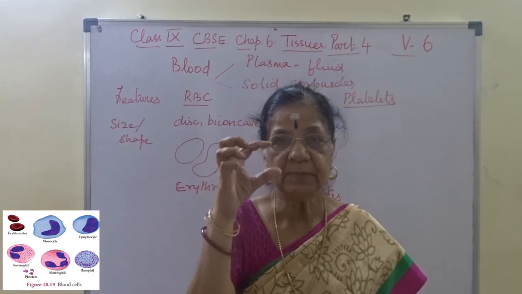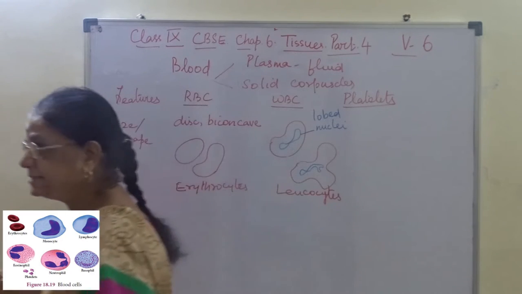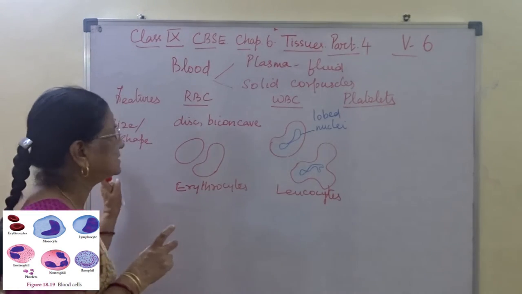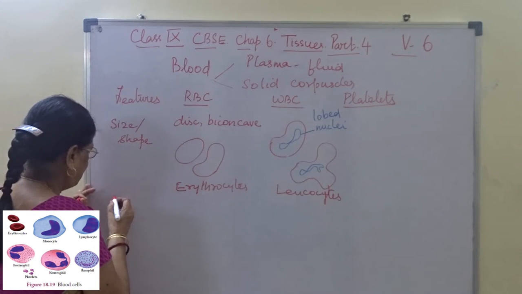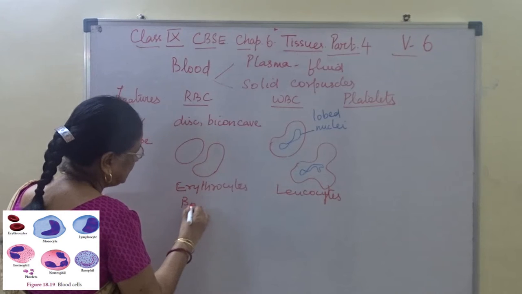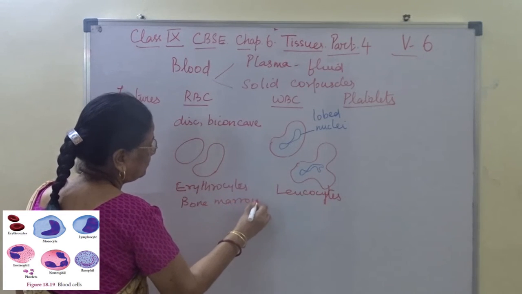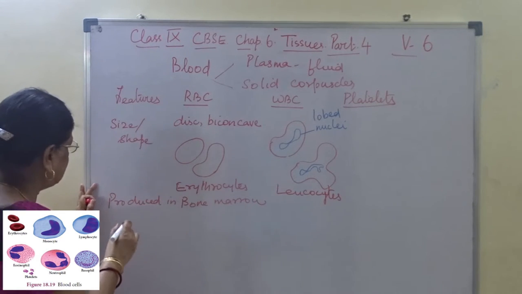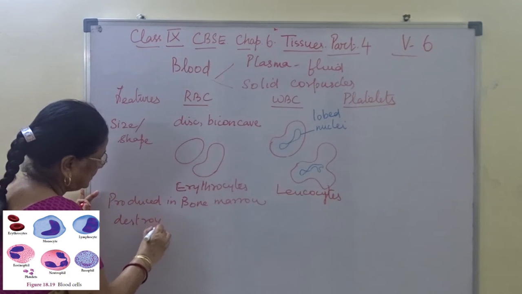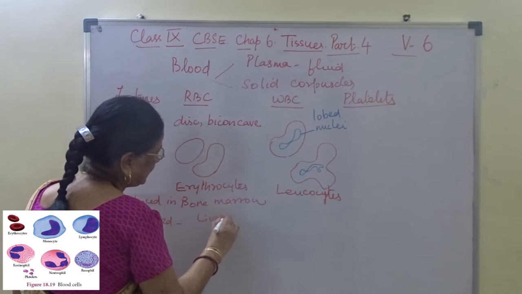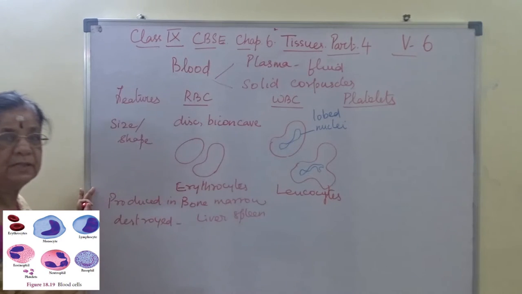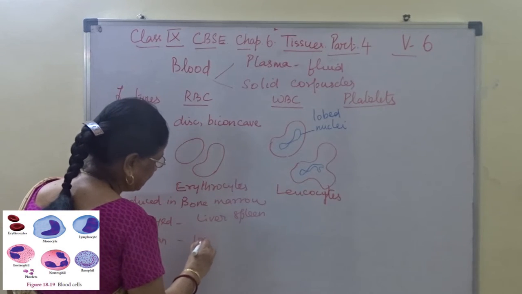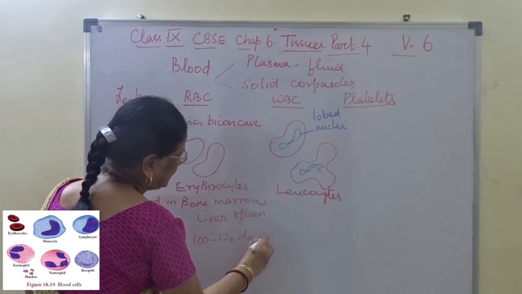Erythrocytes are produced in the bone marrow, and they are destroyed in the liver and spleen. The lifespan of RBC is 100 to 120 days.